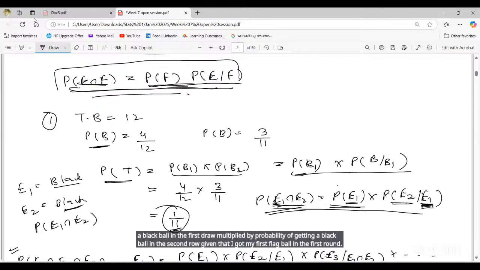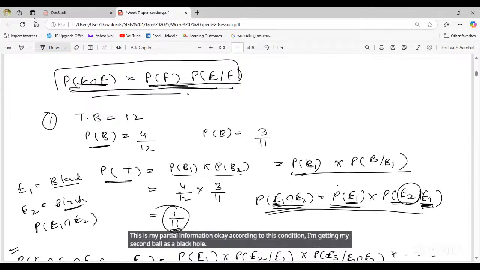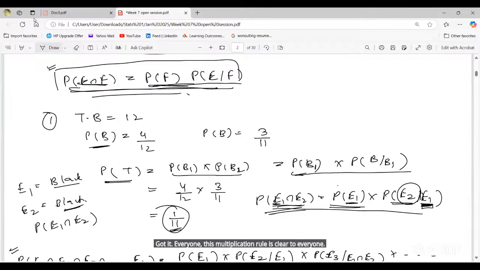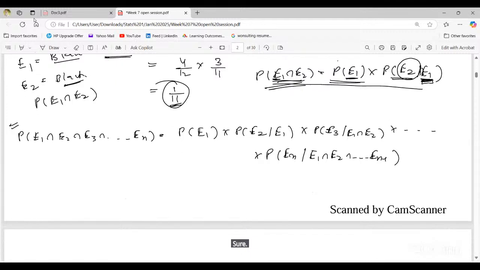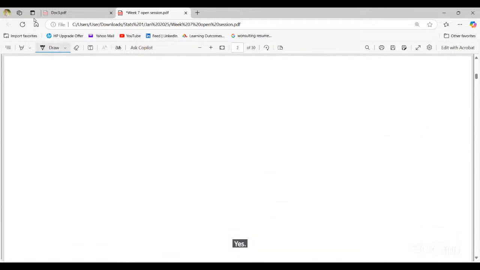This is my partial information. According to this condition, I am getting my second ball as a black ball. Got it? This multiplication rule is clear to everyone? Shall we proceed further?